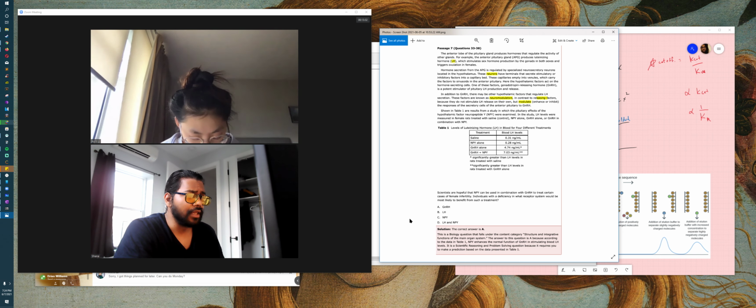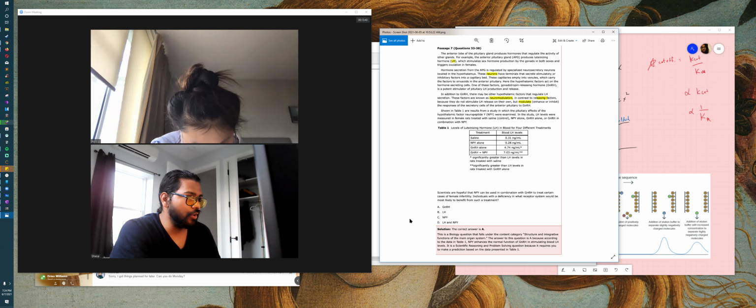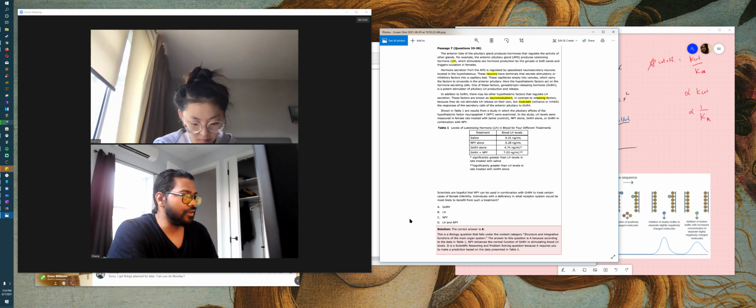First of all, in table one, I'm only going to pay attention to the ones with asterisks. So saline and NPY alone, I don't care about. I care about GnRH alone and GnRH with NPY. And there is statistical significance.